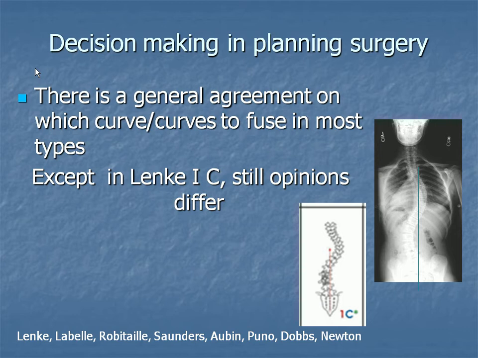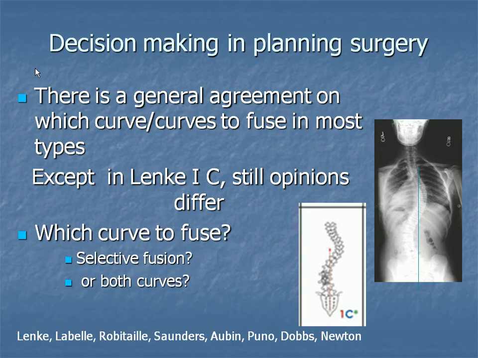And if you follow the advice according to the classification, you fuse the right thoracic curve only, expecting the lumbar curve to correct by itself. Well, unfortunately, in many cases it decompensates this way. And then we have to make a decision when to fuse the lumbar curve for 1C. Everybody agrees that 1C is still controversial in decision making.